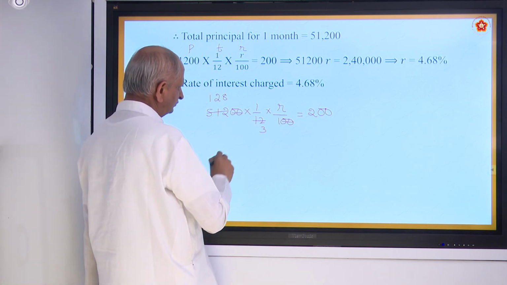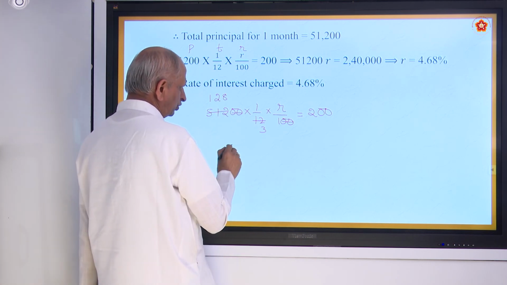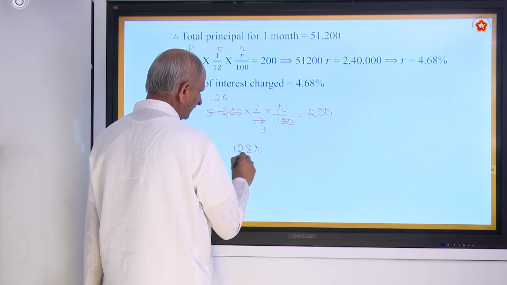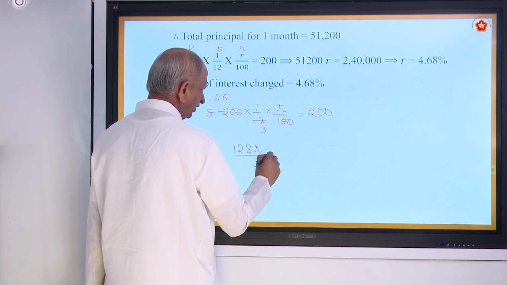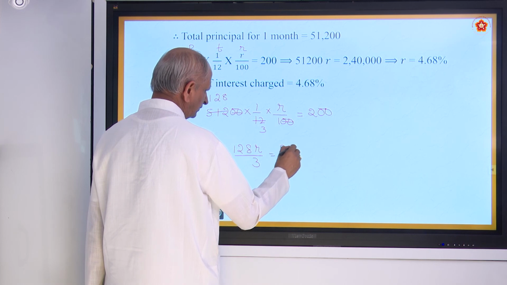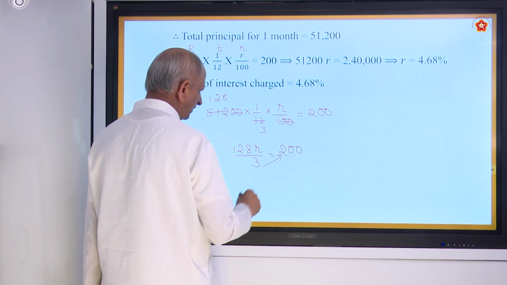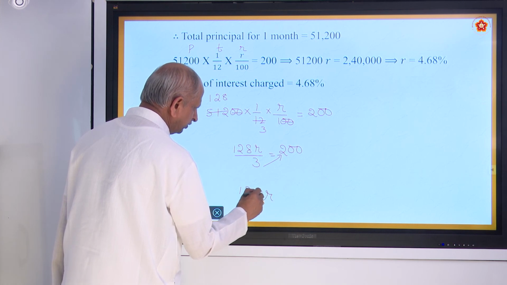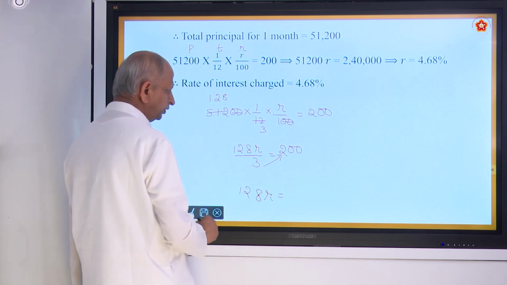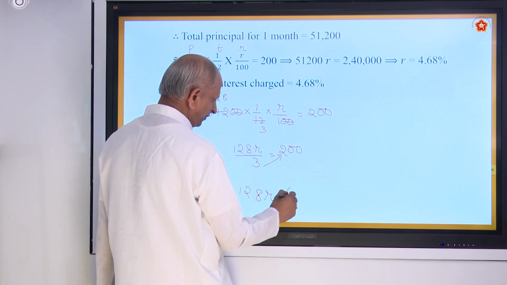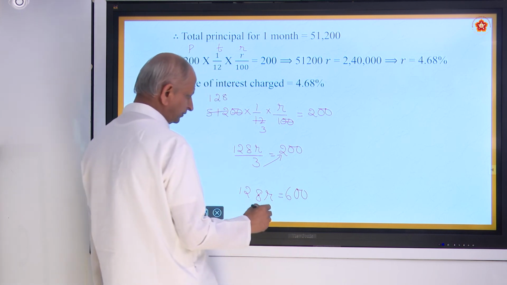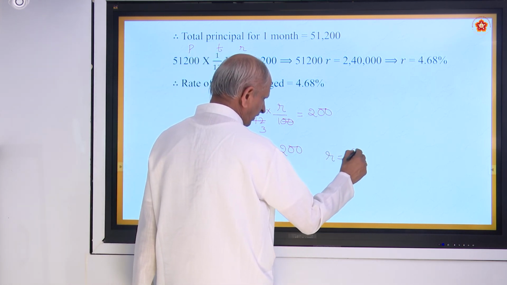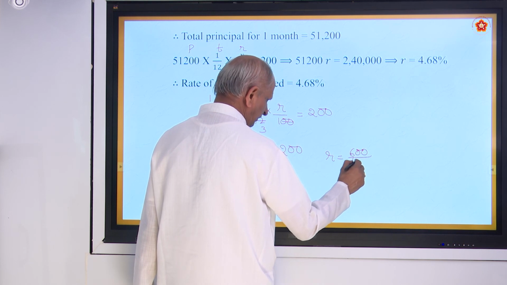And then it won't go. So 128 R by 3 is equal to 200. Take this 200 up. So 128 R is equal to 200 into 3, how much? 600. So R is equal to 600 by 128.